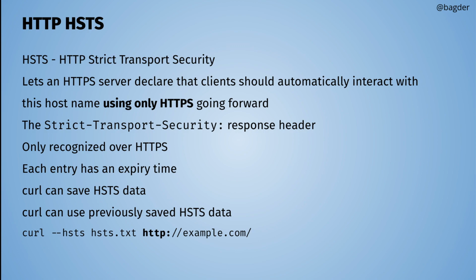It'll then automatically internally switch to the HTTPS version, thus avoiding clear text, thus avoiding the insecure part, and avoiding the attack risk or the vulnerable point in time where someone could eavesdrop or interfere or do something bad. And that again is a text-based file that curl saves and reads data back from.